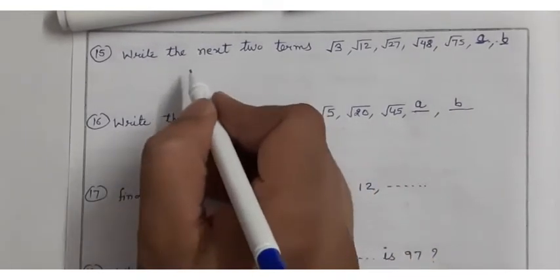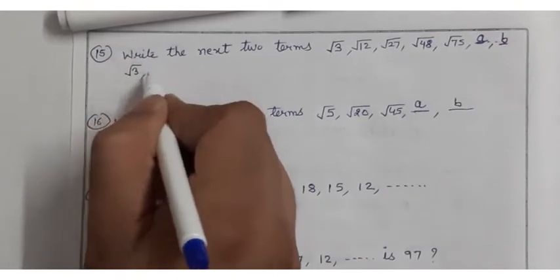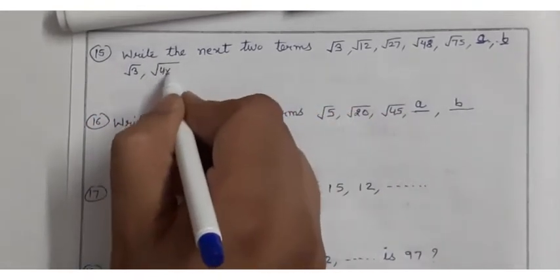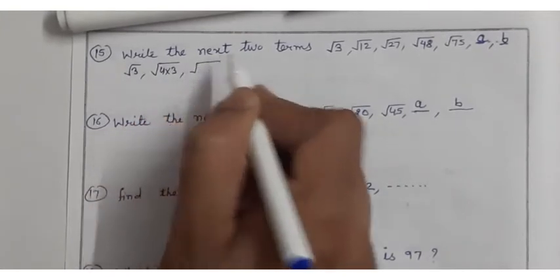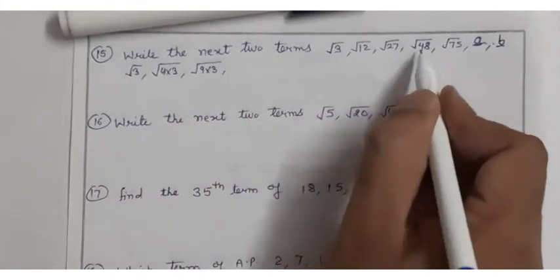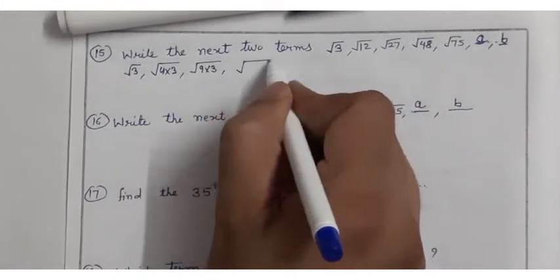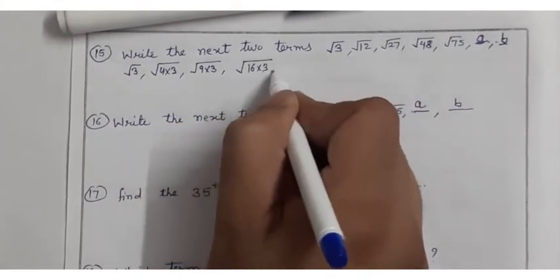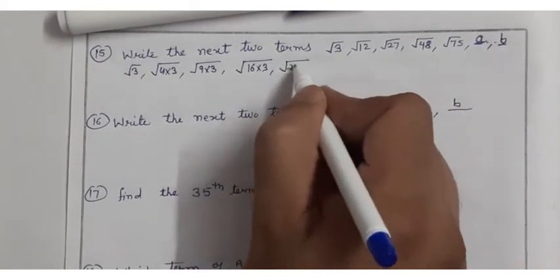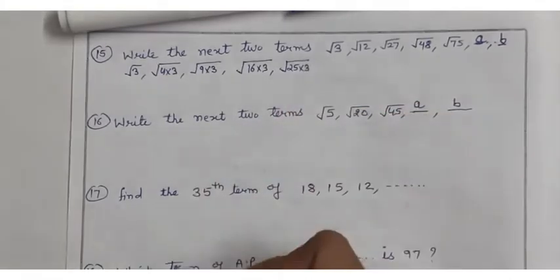Can I write root 3? 4 threes are 12. 9 threes are 27. 16 threes are 48. Then 25 threes are 75.